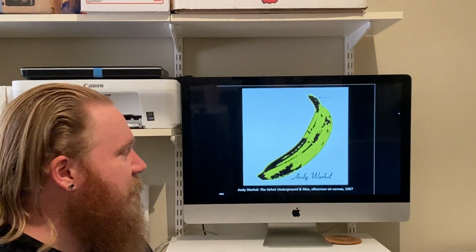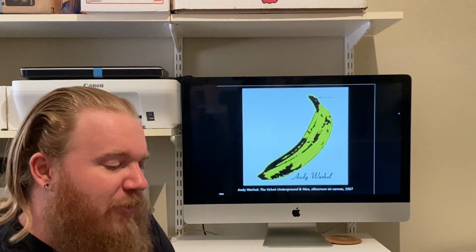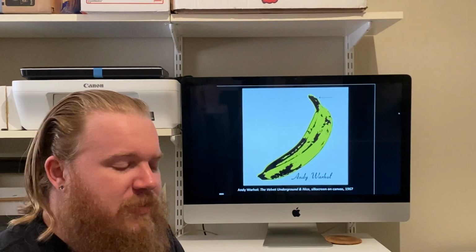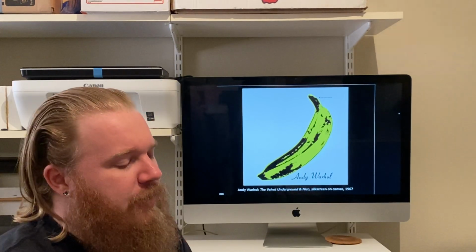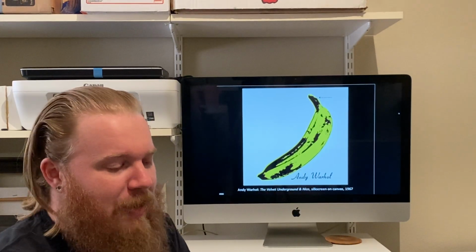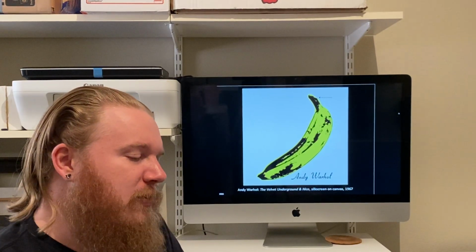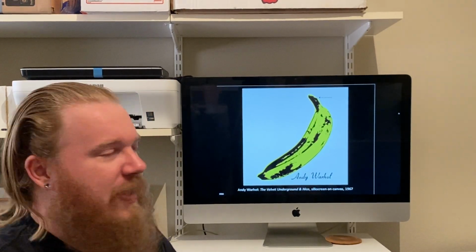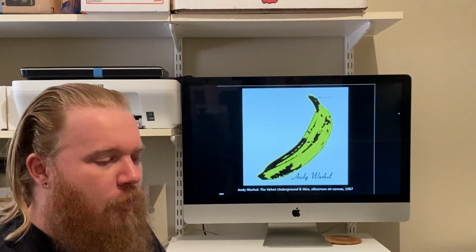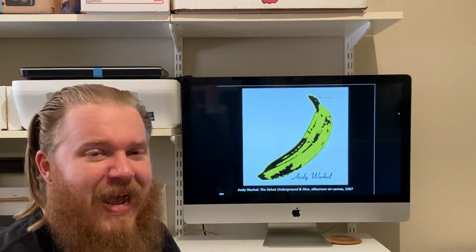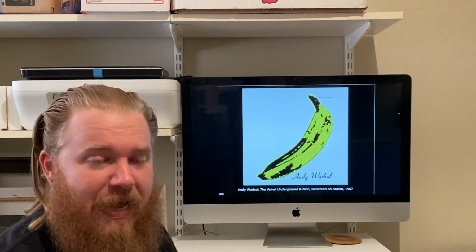Here we can see the album cover he did for the Velvet Underground, but I've seen this image recreated on everything from t-shirts to tote bags to anything you could think of. I personally think Andy Warhol would be quite tickled by that if he was still alive today. Once again, the ubiquitous quality of screen printing in our modern world is a major aspect of printmaking in general today.